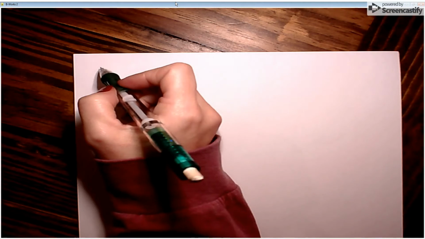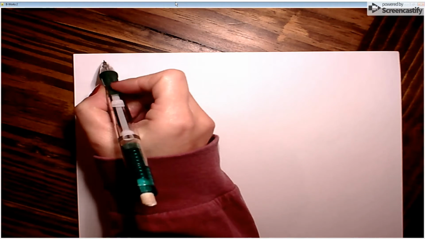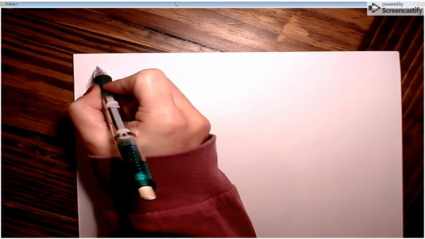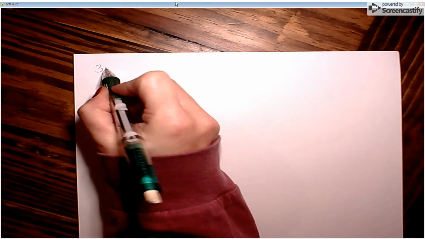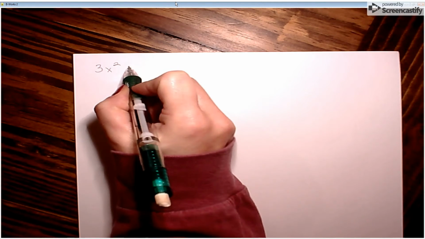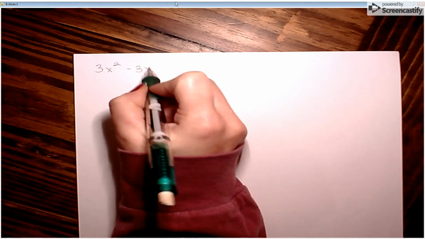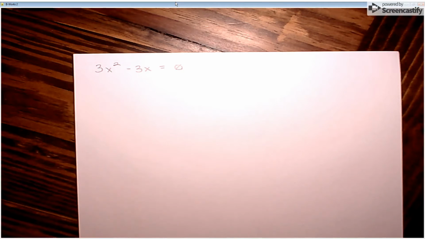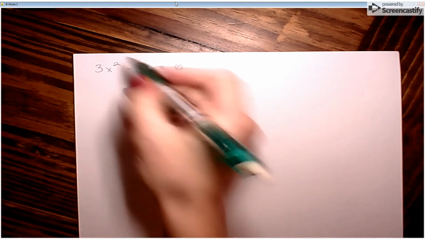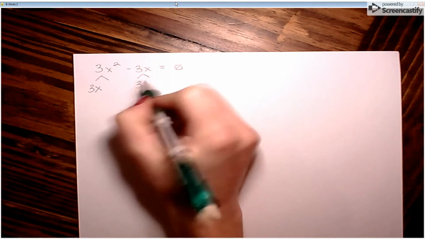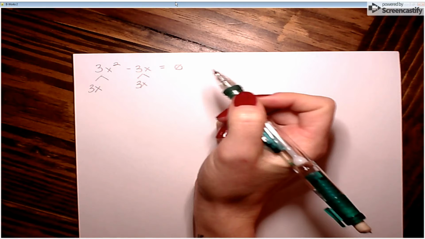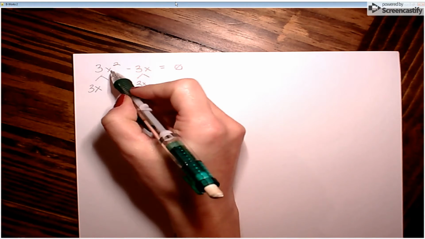So the last one I'm going to do from the speed dating page is number 10 from the right-hand column. So I have 3x squared minus 3x equals 0. Both of these I can factor out a 3, and I can also factor out an x. So 3x times what gives me 3x squared?